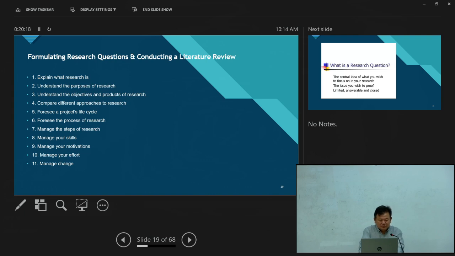We should be able to manage the steps of research. Science has an approach, a method, and several steps. Also be able to manage your skills. There are many kinds of research questions, so you can understand and manage the skills.